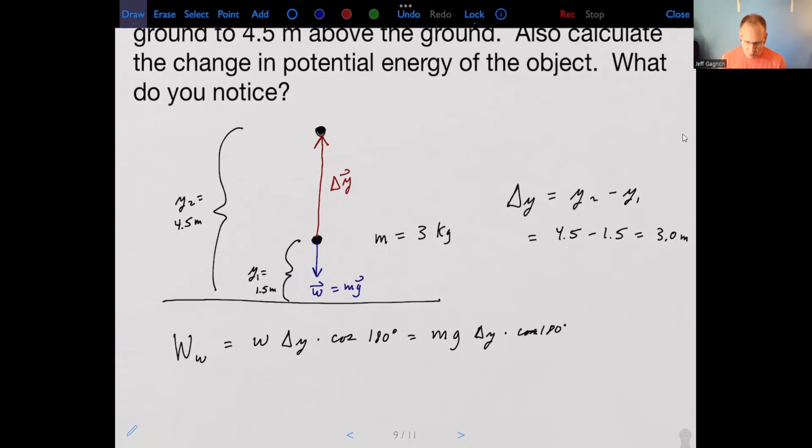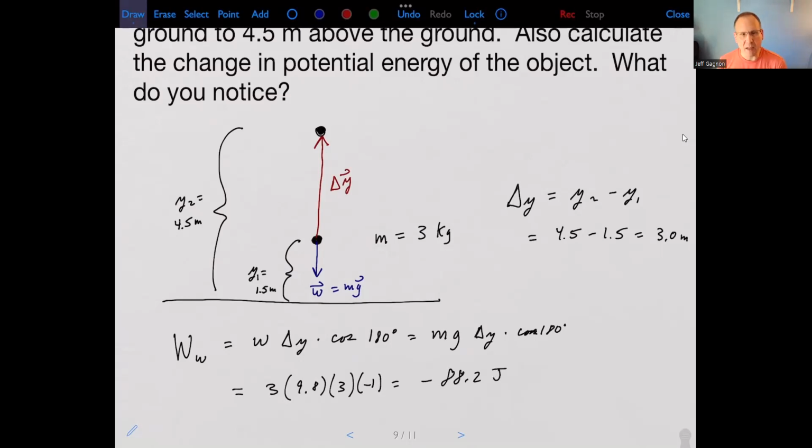Remember, cosine of 180 is equal to -1. So if I plug everything in, the mass is 3, g is 9.8, the displacement delta y was 3, and then cosine of 180 is -1. This turns out to be negative 88.2 joules.